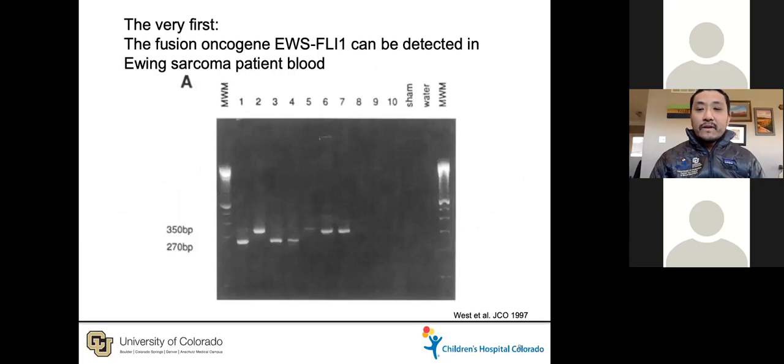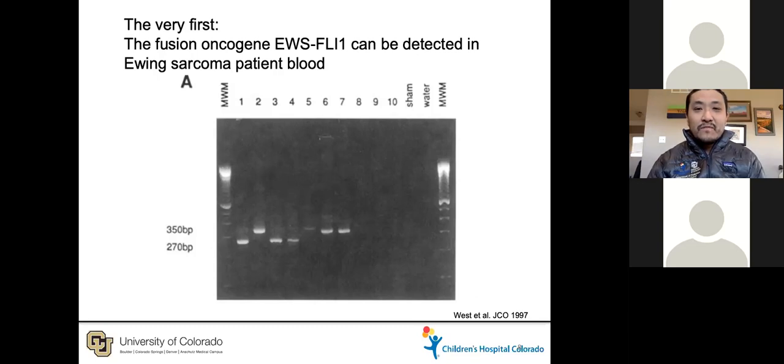The very first use of EWS-FLI1 as a liquid biopsy, and I just love this figure, was published in a paper from 1997. This is a gel where lanes 3 to 10 have patient blood-derived RNA loaded for RT-PCR.